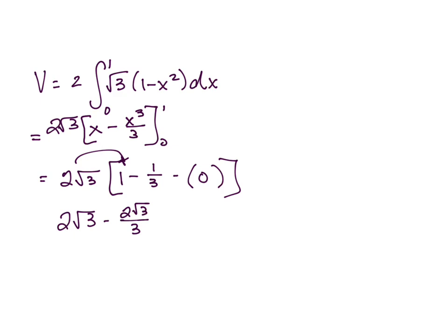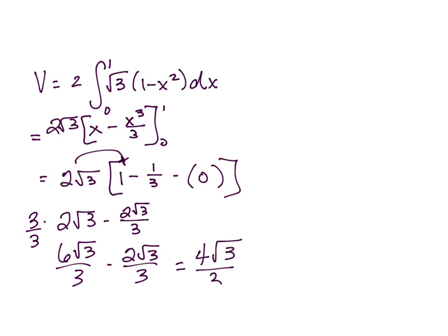I would love it if I had a common denominator, so I'm going to multiply by 3 over 3 on the first. So 6 square root 3 over 3 minus 2 square root 3 over 3 leaves me 4 square root 3 over 3. Wrap it up in a bow.